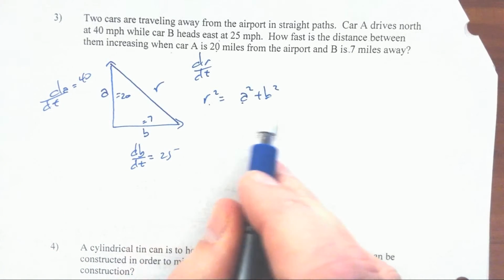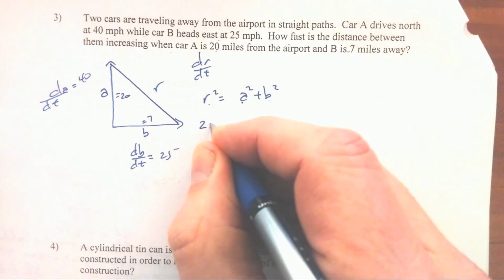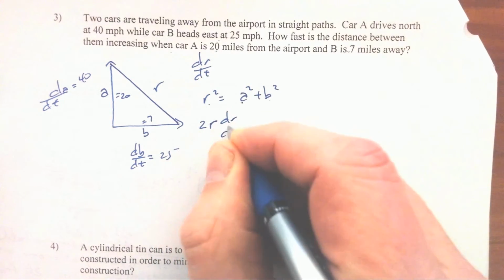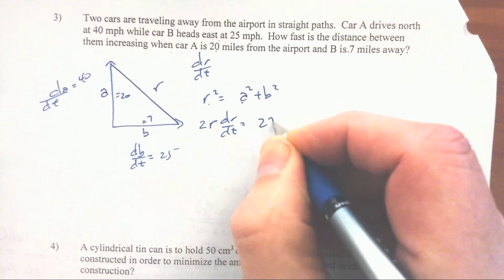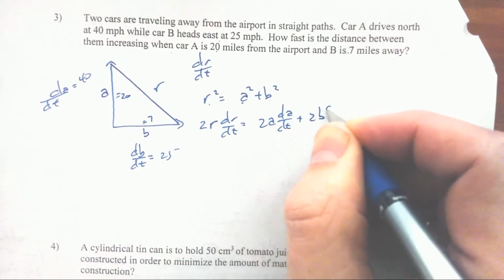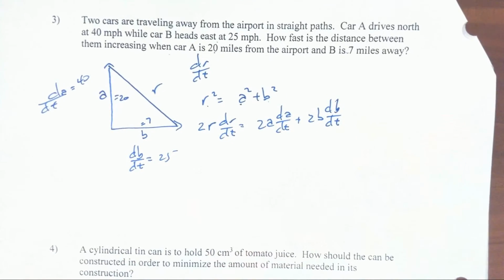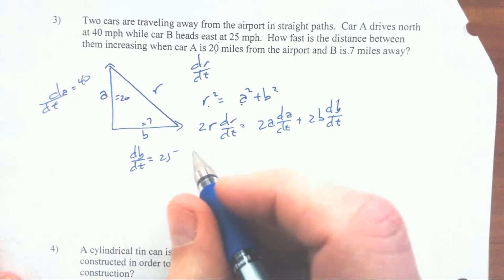Now, you could take the square root of both sides. I'm going to go ahead and do it this way. 2R dR/dt equals 2A dA/dt plus 2B dB/dt. And by not solving for R, maybe I did a little more upfront work, but maybe I don't have to deal with that square root. Who knows what was better?